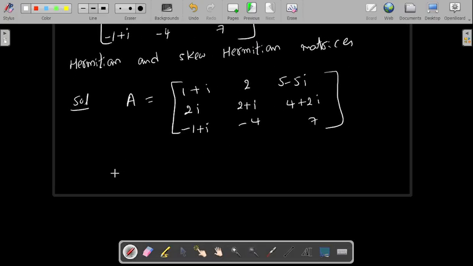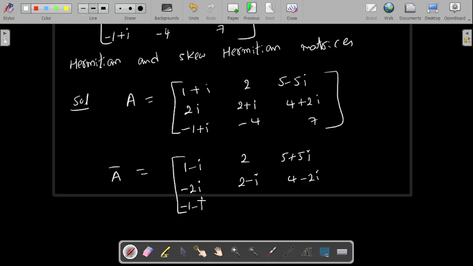First, to find the A conjugate, we know A conjugate means replacing numbers by their conjugates. 1 plus i conjugate is 1 minus i. 2 conjugate is 2 only, real numbers conjugate to themselves. 5 minus 5i conjugate is 5 plus 5i. 2i conjugate is minus 2i. 2 plus i conjugate is 2 minus i. 4 plus 2i conjugate is 4 minus 2i. Minus 1 plus i conjugate is minus 1 minus i. Minus 4 conjugate is minus 4. 7 conjugate is 7 only.